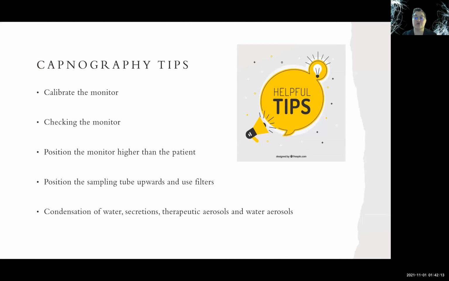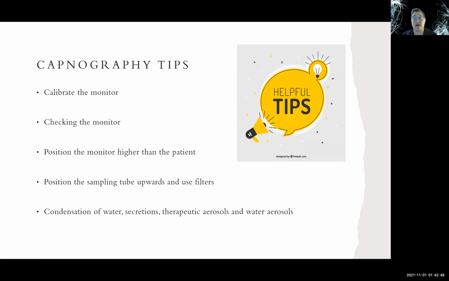Again, for accurate measurements, we always want to make sure that we have calibrated and tested to ensure that our monitor is working properly. Before any interpretations are made of PetCO2 or end-tidal CO2 readings and waveforms, one should ascertain that it's functioning correctly, that we are not seeing any contamination, such as secretions or mucus, because these are going to distort our waveform.